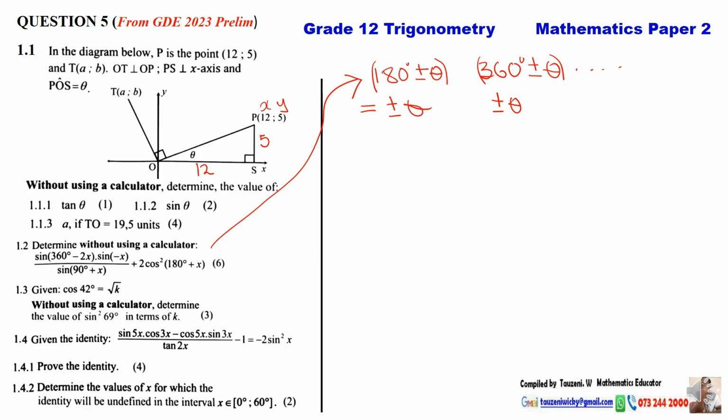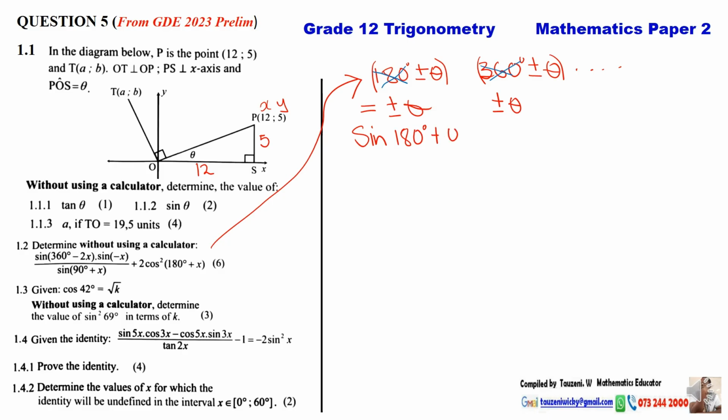The only catch, the only one item that you must make sure you remember is that once you drop the 180, once you drop the 360, the remaining angle is going to be a positive or a negative depending on the cast diagram. Let's say, for example, I have the sine of 180 degrees plus theta.